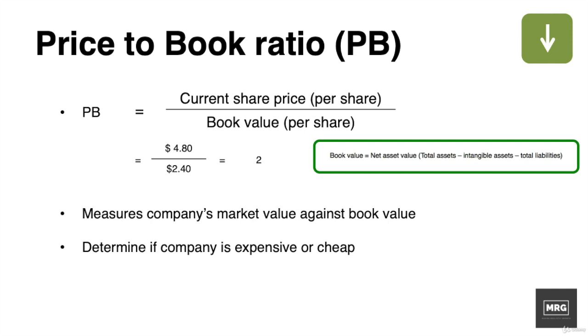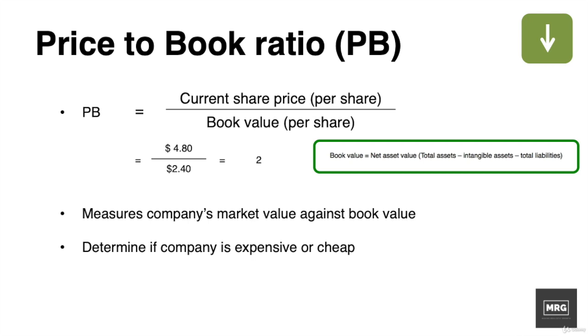It's basically a value that you put on a company, assuming that the company doesn't run today and it liquidates everything it has and pays off all its debts. How much value or worth is it left with?